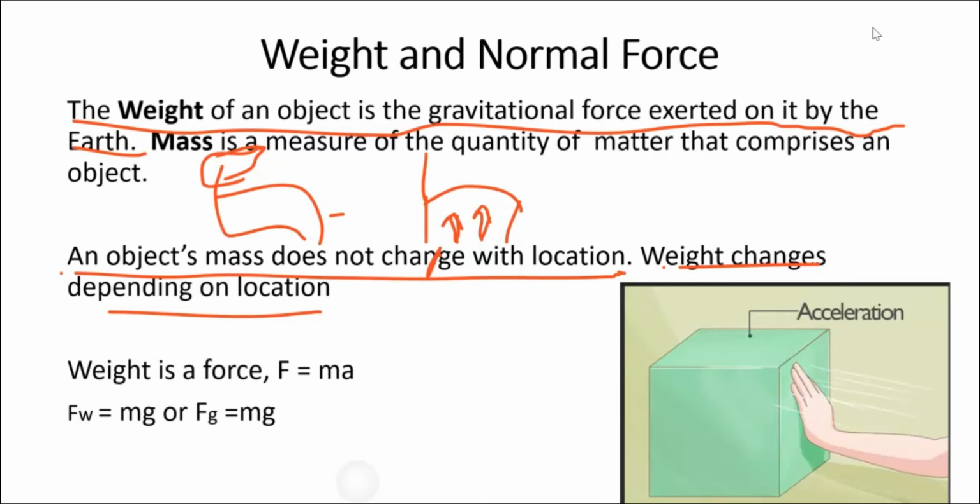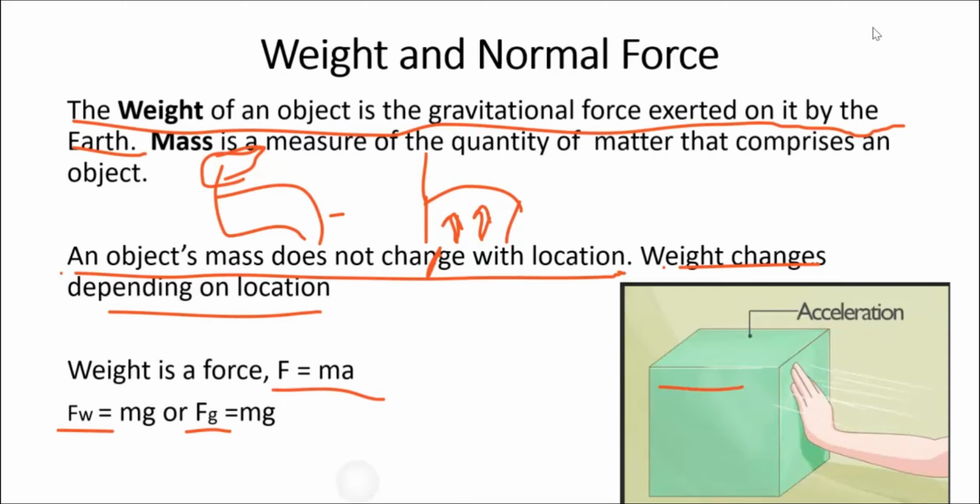So we have force is equal to mass times acceleration. So the weight, that is Fw, will be mass times gravitational acceleration, Fg, the force of gravity. And this diagram explains it. This is an object here.